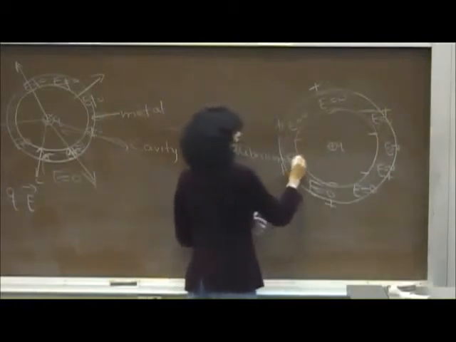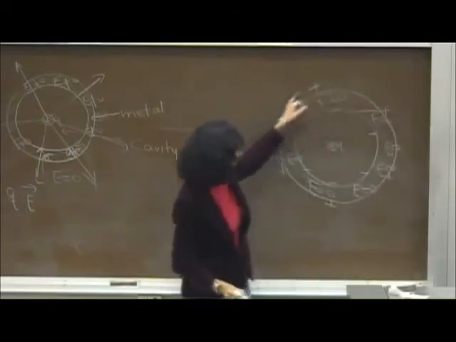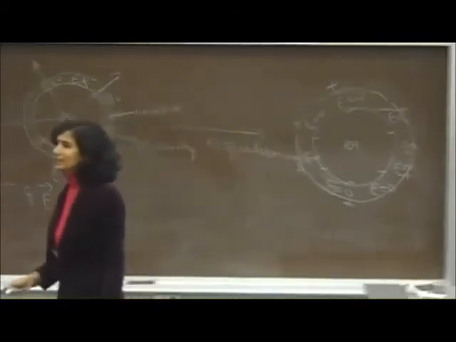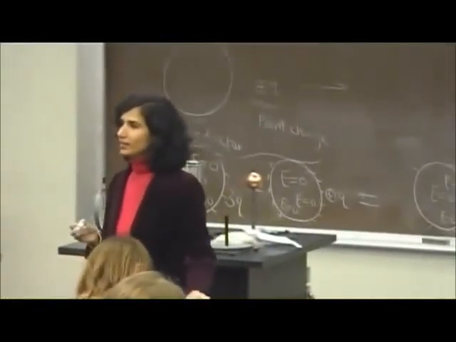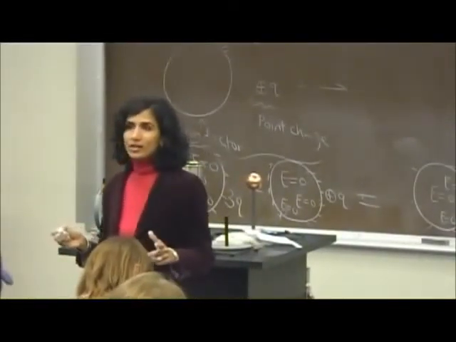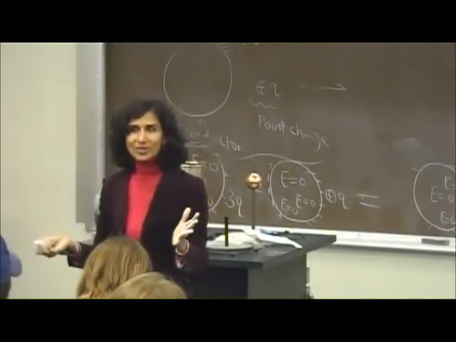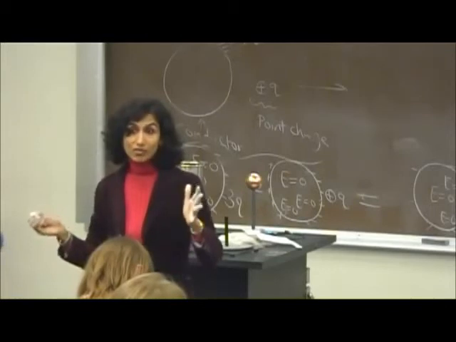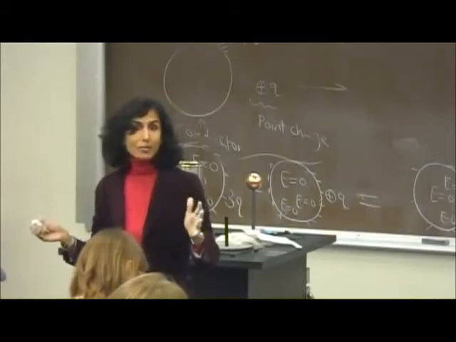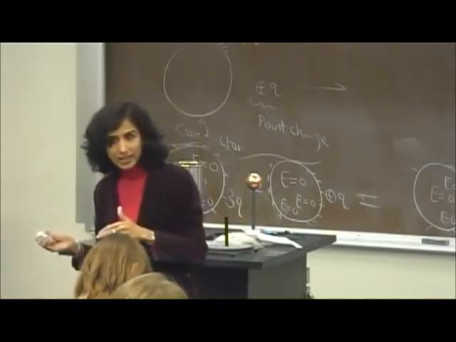First of all, if these charges are uniformly distributed on the outer surface of the conductor, will they produce any electric field inside anywhere? From Gauss's law, remember? All the charges on the outer surface of the conductor which are uniformly distributed, if it's a spherical conductor, never produce an electric field inside.